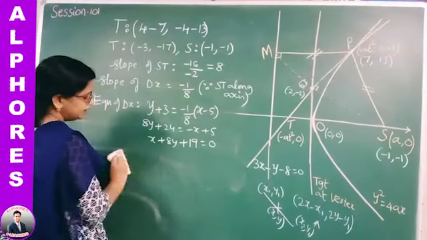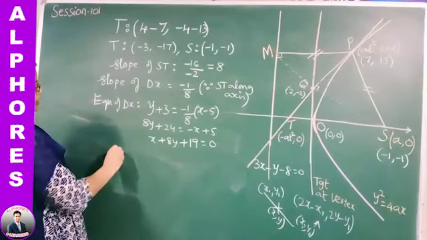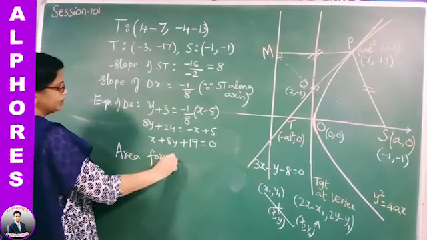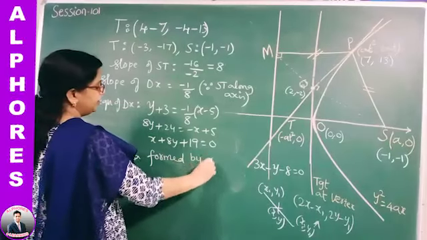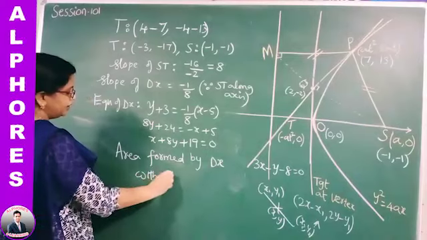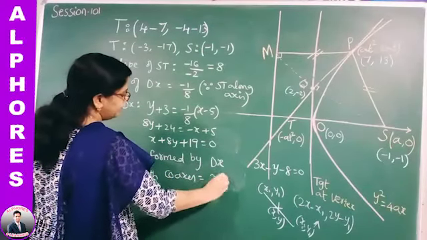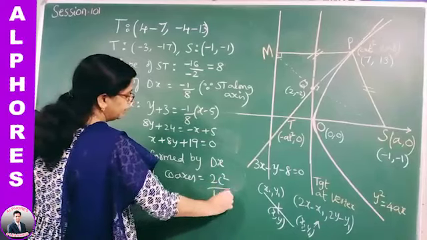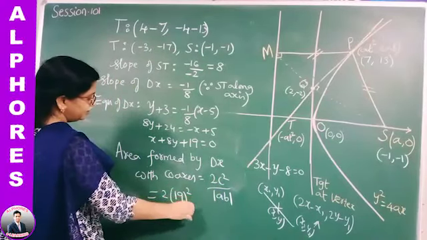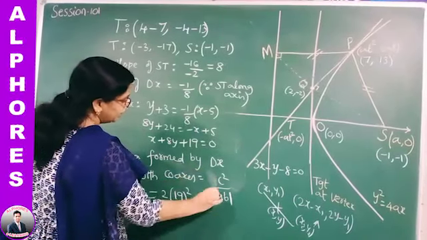And once you have this directrix equation, what is our formula for the area? The area formed by the directrix with the coordinate axes is equal to, what is the formula, c squared divided by 2|AB|.